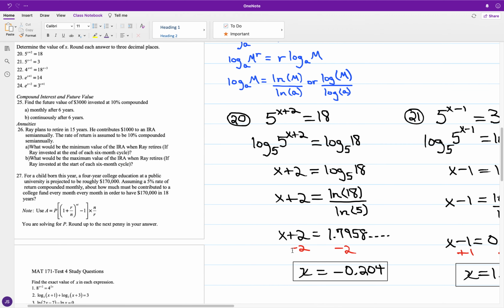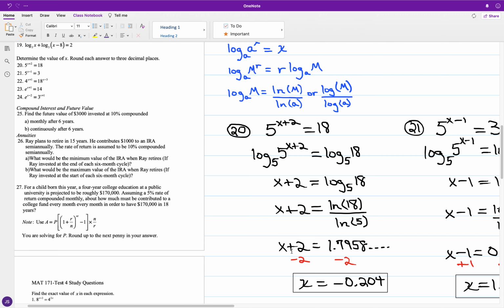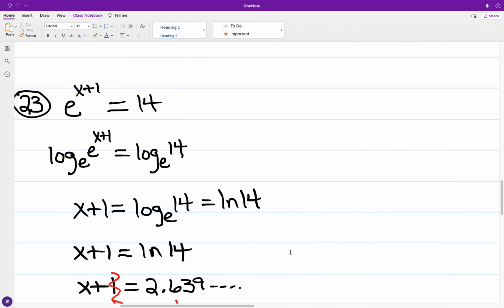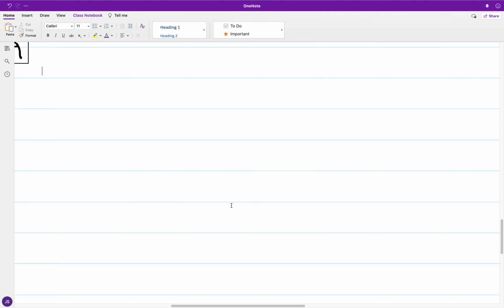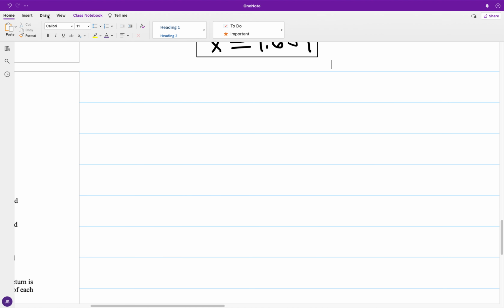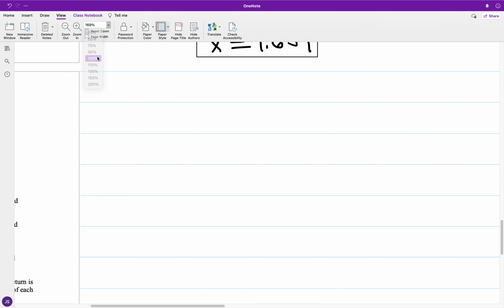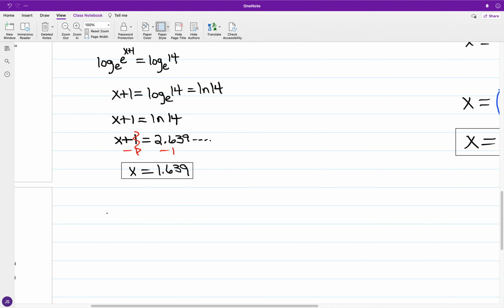Now, for what we have in the case of number 24, in this situation we've got e to the x minus 2 is equal to 3 raised to the x plus 1. Again, we had that one: e to the x minus 2 is equal to 3 to the x plus 1.